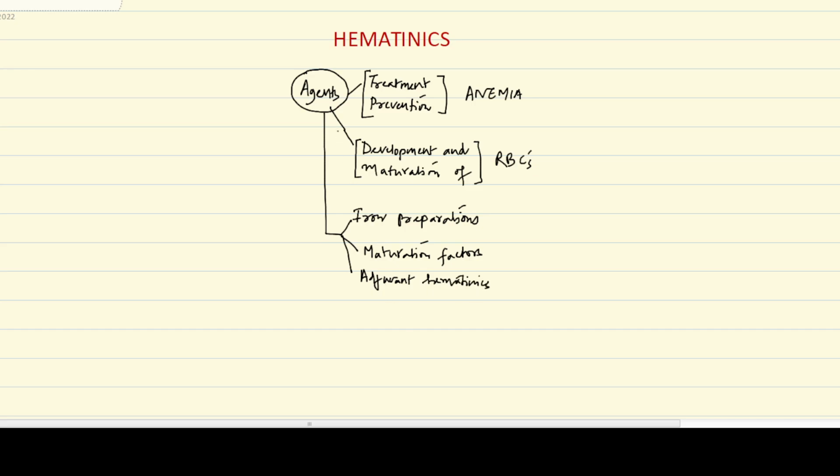Usually, along with hematinics, we also come across references to erythropoietin and its analogs.